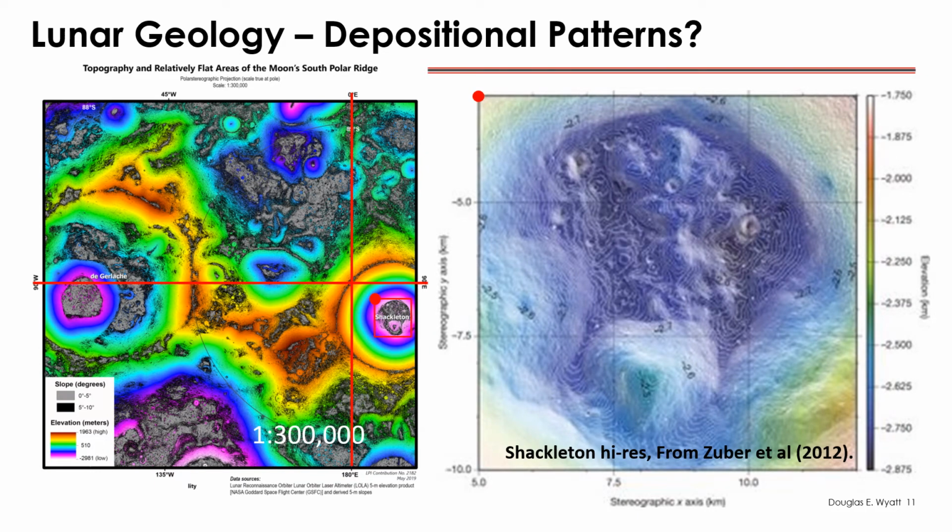Well, zooming in a little bit using other Lunar and Planetary Institute data, you can see the Shackleton crater in the image on the left. You can see the crosshairs designating where the pole is. There's a box around the Shackleton crater, and the image on the right is from Zuber et al.